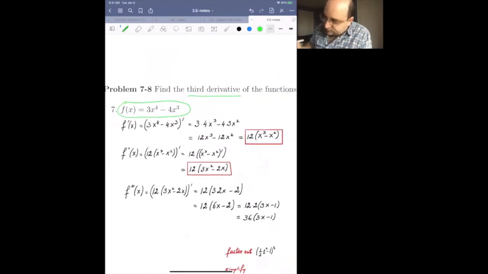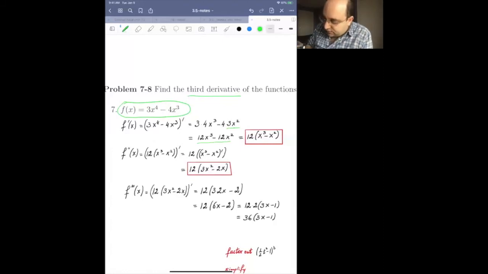It's going to be 3 times 4x cubed minus 4 times 3x squared. So it's going to be 12x cubed minus 12x squared, and I can factor 12 out, so it's 12 times (x cubed minus x squared).